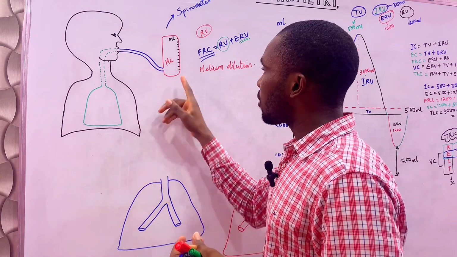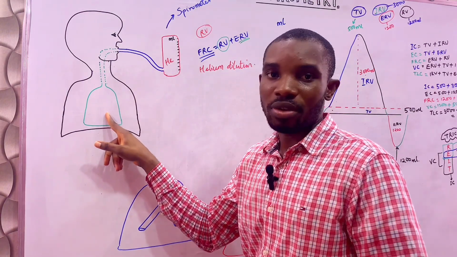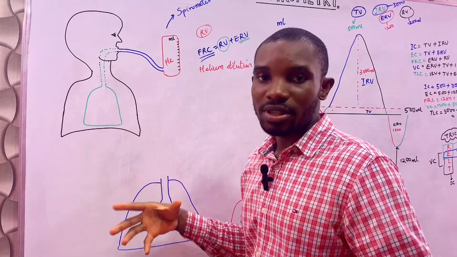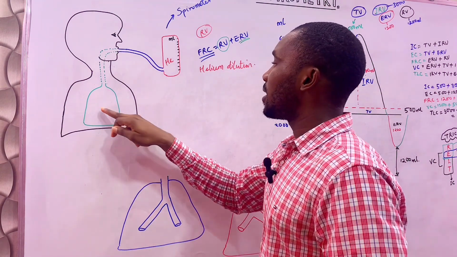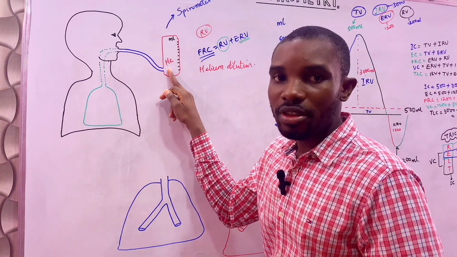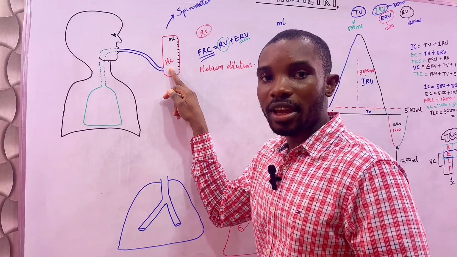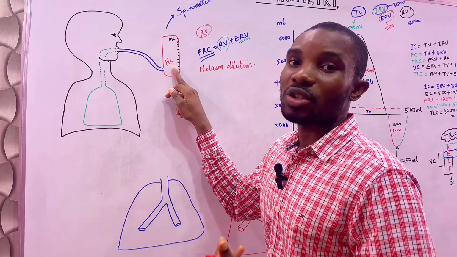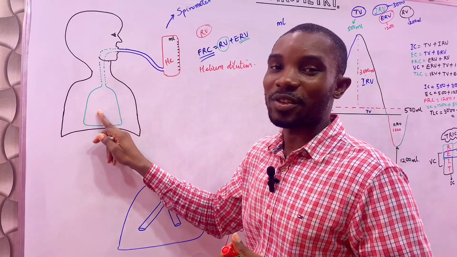Afterwards, the concentration in the device and the concentration in the lungs will be the same, because none is absorbed into the blood. Then after breathing out, they measure the amount of gas in the device and subtract it from the initial concentration. That will give us what is left inside the lungs.